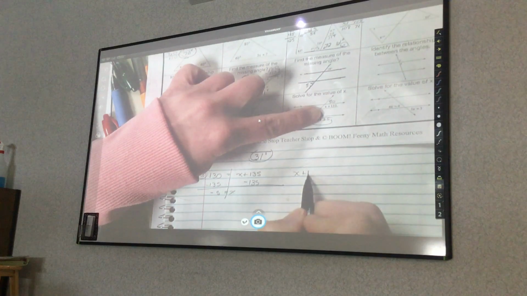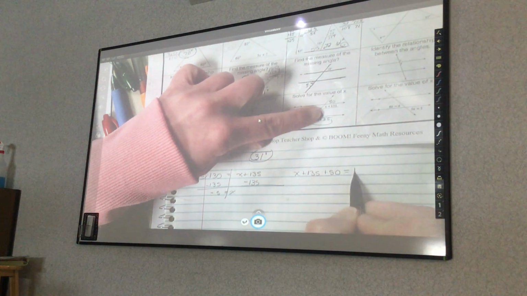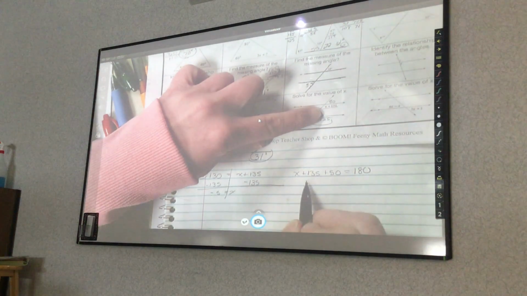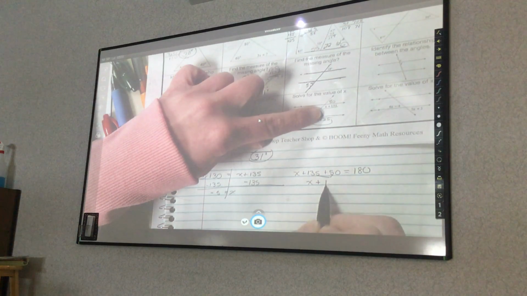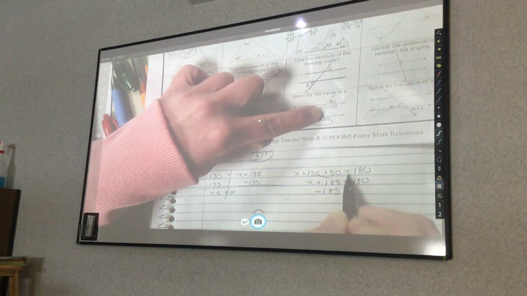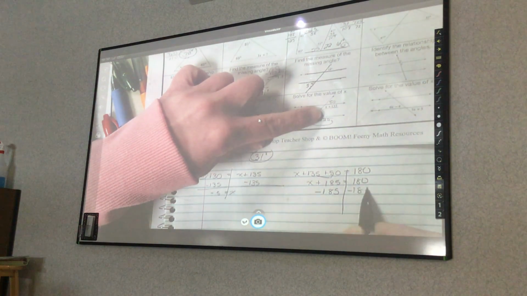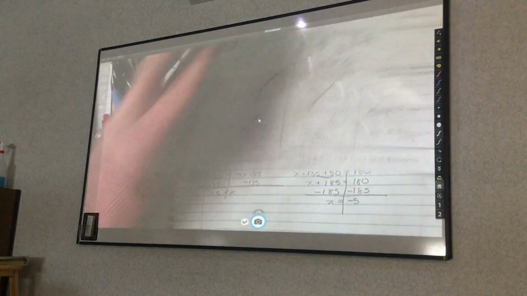X plus 135 plus 50 has to equal 180. So now I have x plus, these two add up to 185, equals 180. Minus 185, minus 185, x equals a negative 5 again. So you can find it either way.